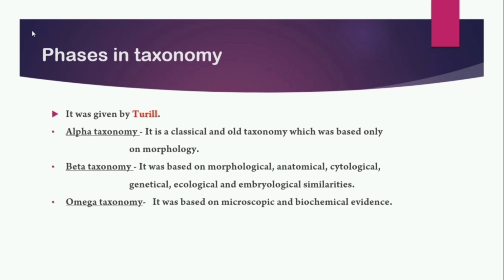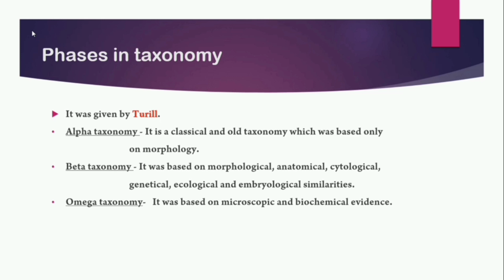Okay, in beta taxonomy, the organisms were started classifying on the basis of their morphological, anatomical, cytological, embryological, genetical similarities, and I think actually for everyone, beta taxonomy is better than alpha taxonomy. Why? Because I have a lot of criteria for classifying an organism, and as the criteria, it will be easier for the students or the biologists to classify and to learn the organisms.